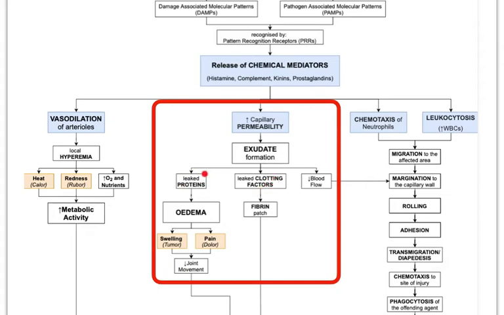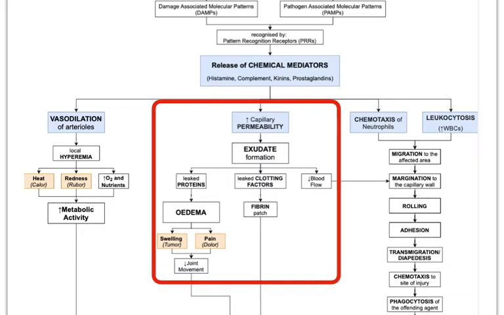Honestly, that really should be part of the proteins, because almost all of our clotting factors are proteins. And as you can imagine, when all of these proteins leak out of our blood, it's going to slow our blood, because it's going to lose a lot of those proteins that normally hold in a lot of the water. So the water is going to go into the exudate as well.